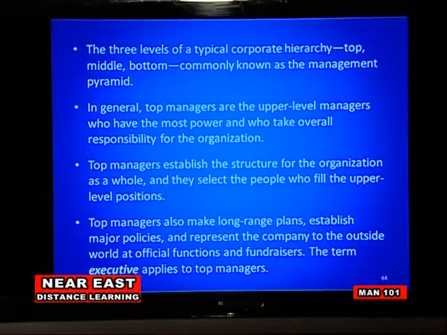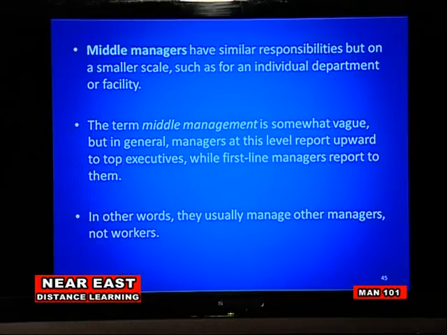Top managers establish the structure for the organization as a whole, and they select the people who fill the upper-level positions. Top managers also make long-range plans, establish major policies, and represent the company to the outside world. At official functions and fundraisers, the term executive applies to top managers.